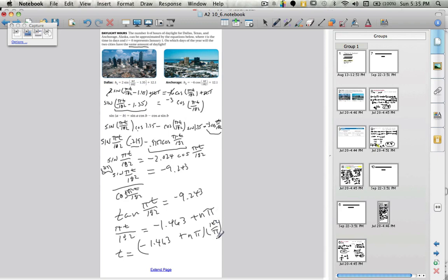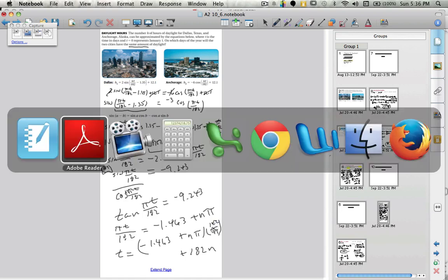So this is 182 over pi again. When I multiply that times this term, the pi's are going to cancel, and I'll just end up with 182 times n. And then I have to multiply negative 1.463 times 182 and divide it by pi.